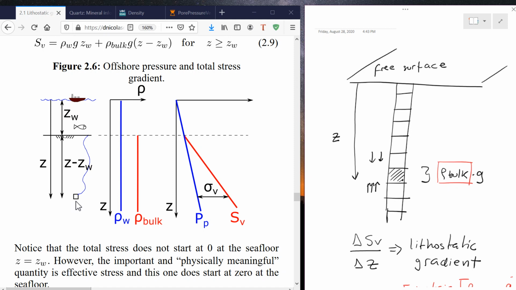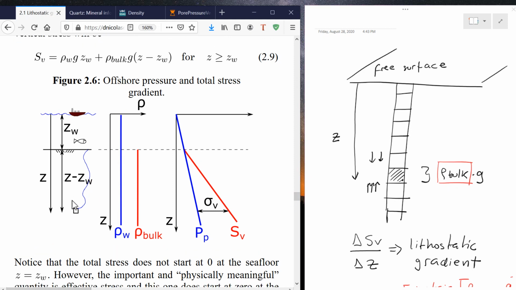And in that case, the vertical stress is going to be the summation of the column of water, which is the density of the water times gravity times the depth of the water, and that just accounts for the weight of the water on top, plus the weight of the rock on top of the point I'm looking at.